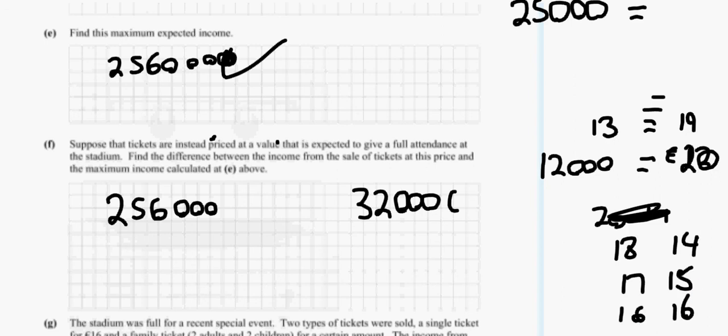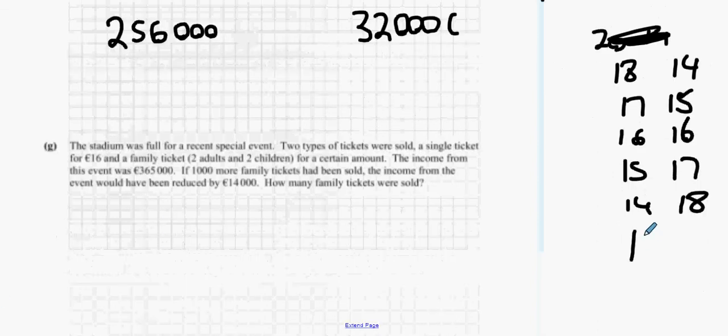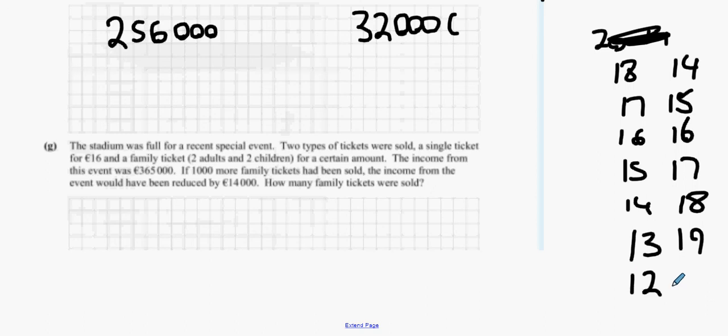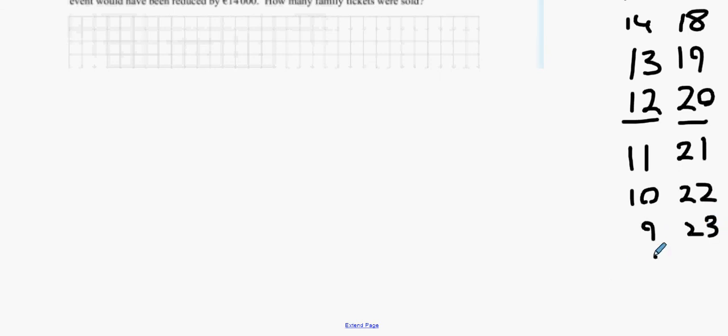Keep going. 15, 17. 14, 18. 13, 19. 12 and 20 the opposite way. Selling tickets for €12 will get 20,000 people in. Keep going. 11, 21. 10 and 22. 9 and 23. 8 and 24 and 7 and 25.